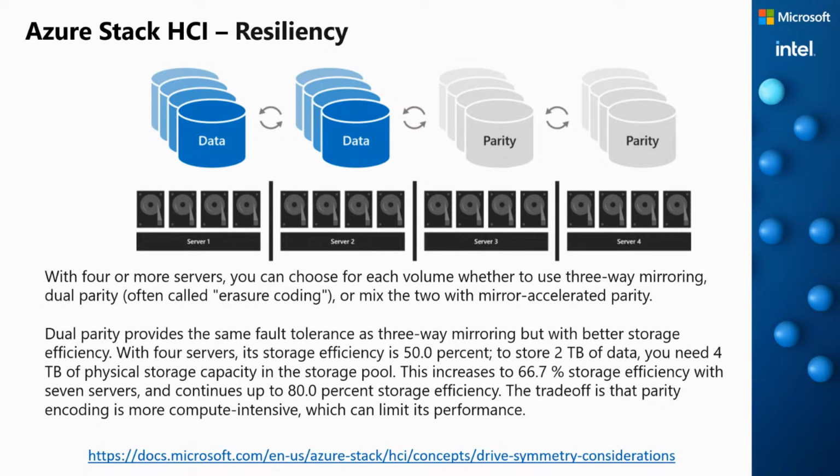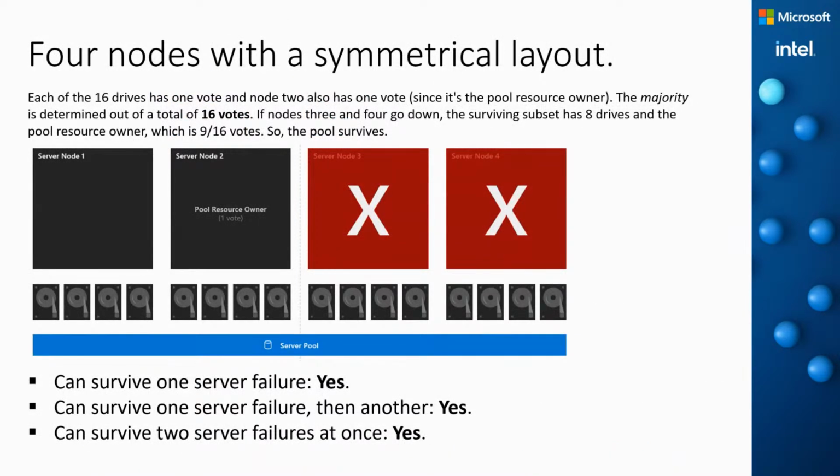Yeah, and we discussed how the server reacts, or how it works, if a drive fails. We discussed the pool quorum. I mentioned that in Azure Stack HCI, we always need the majority of the disk drives online. So we always need the pool quorum.